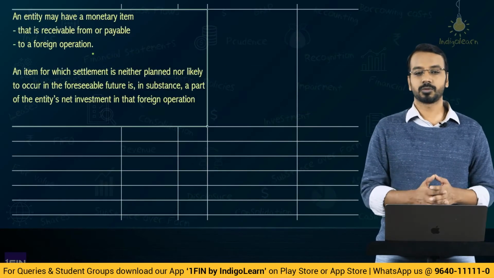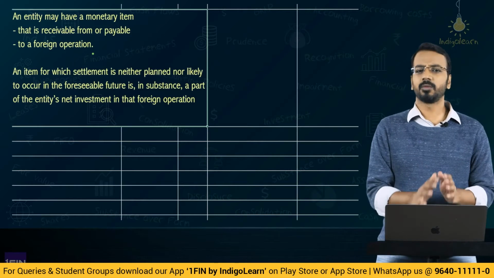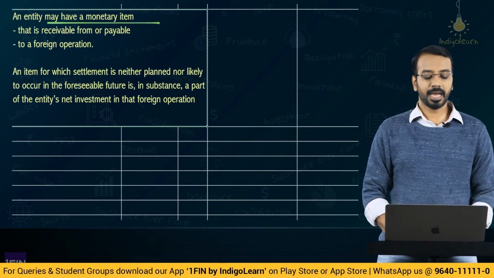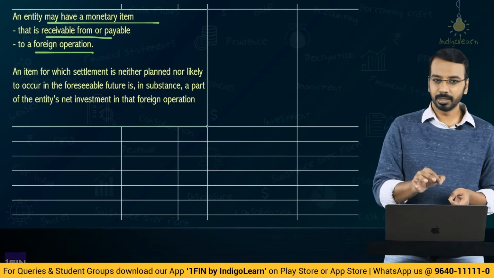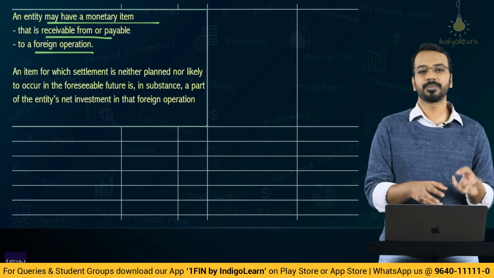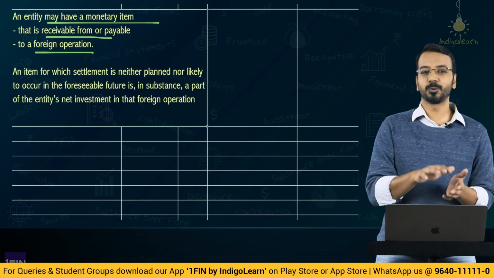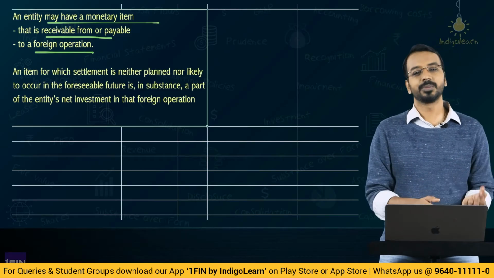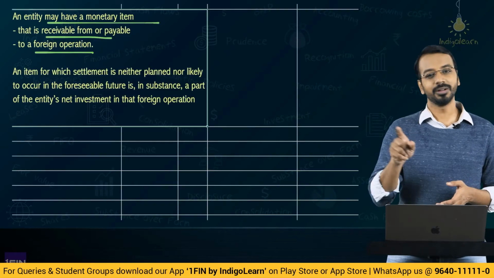Now, whatever we have discussed so far with regards to monetary items, that is either receivable or payable, what the standard says is an entity may have a monetary item that is receivable from or payable to a foreign operation. So, either there is a receivable or there is a payable. Receivable could be something like a loan, there can be trade receivables. Then as far as payable is concerned, in the reporting entity, there may be some amount which is payable, or the entity itself may have borrowed some amount from the foreign operation.